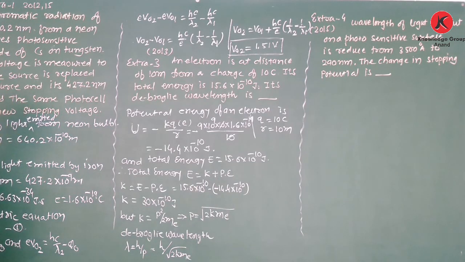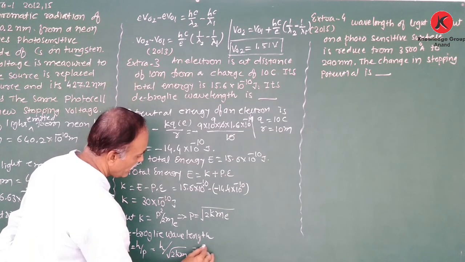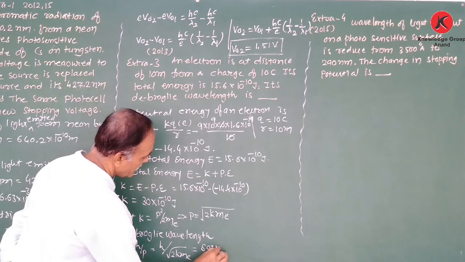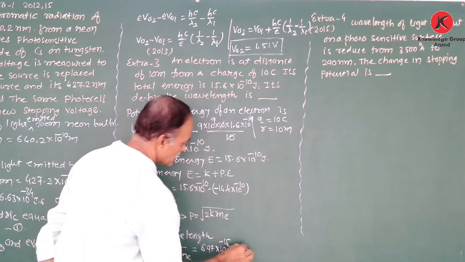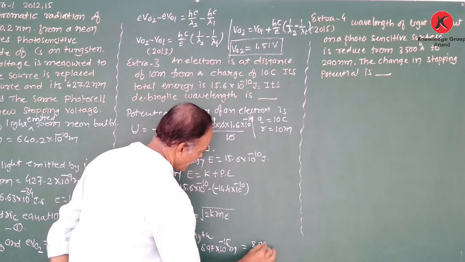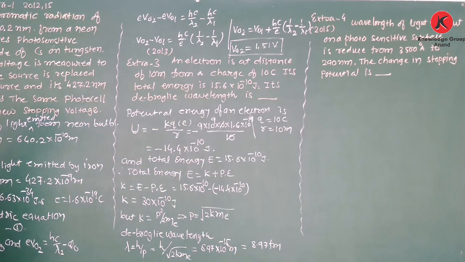As we substitute the values, we obtain the de Broglie wavelength as 8.97 into 10 is to minus 15 meter.